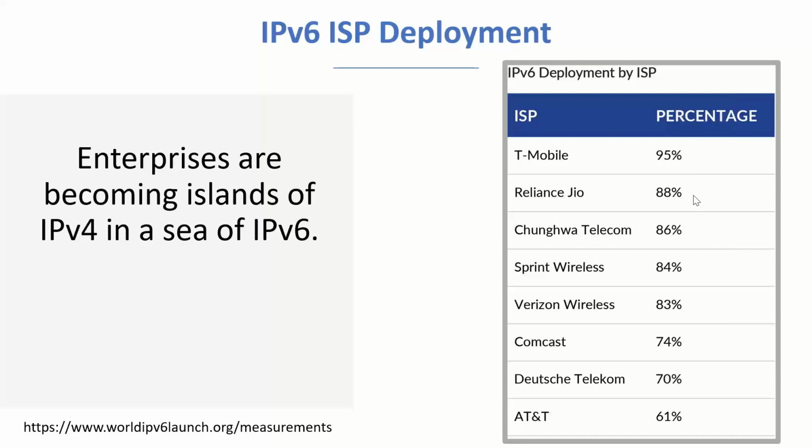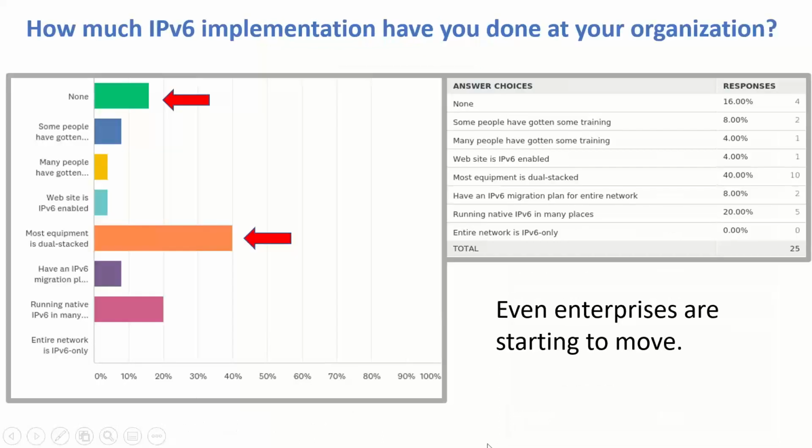Jio in India, very, very large deployment. And then, of course, you can see Comcast, and then the Chinese folks. Yes, many ISPs, the very large ones, are IPv6. And even enterprises are starting to move.